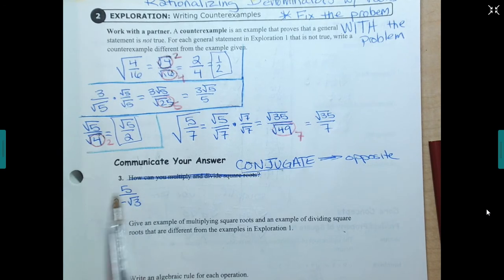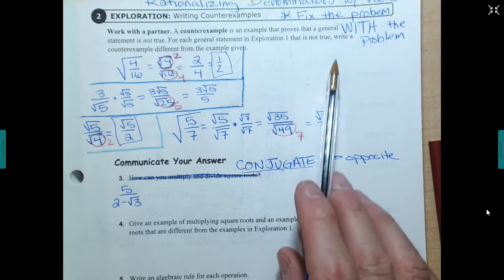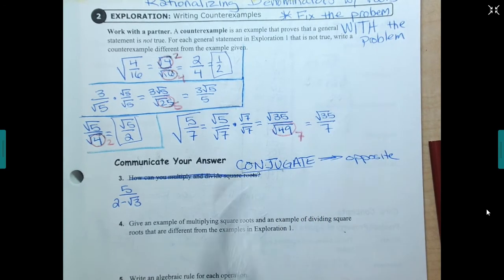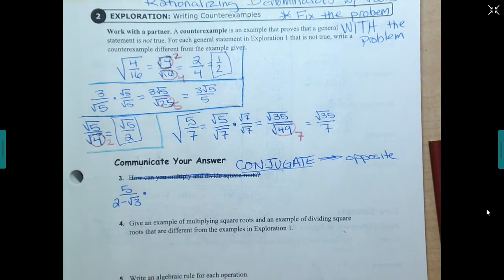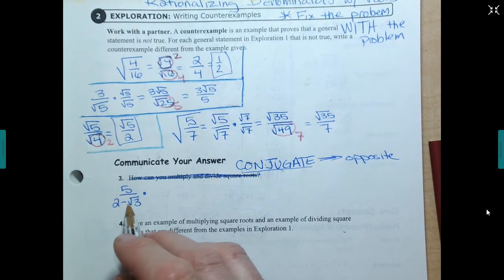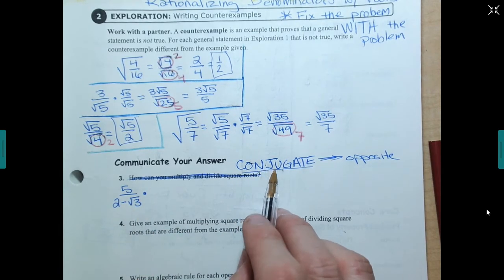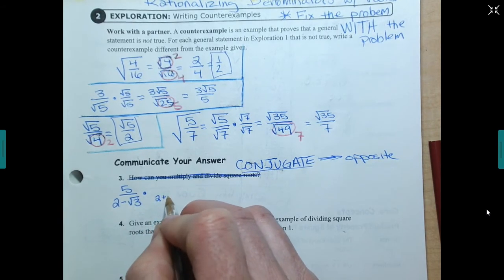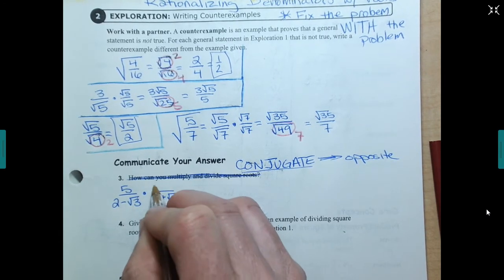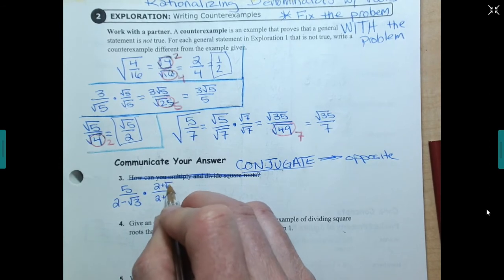And so we have to deal with this whole binomial. So to fix the problem with the problem, we're going to have to multiply by the conjugate. And what's the conjugate? The conjugate is the opposite. The conjugate is 2 plus the square root of 3.